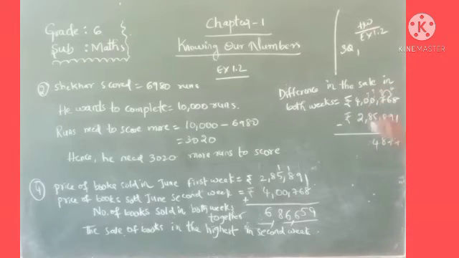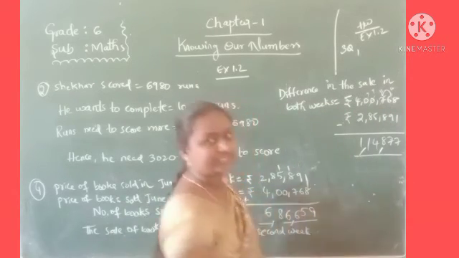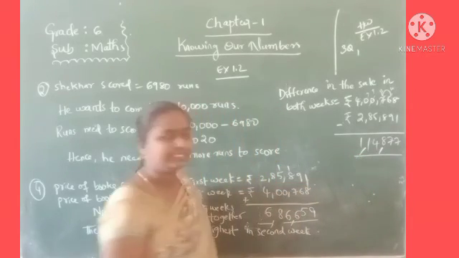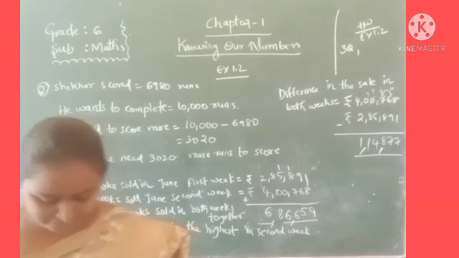Again here 9 will be there. 9 minus 8, 1. So here 3. 3 minus 2, 1. So what is the difference in the sale in both weeks? How much amount? 1,14,877. Okay, so write that one.